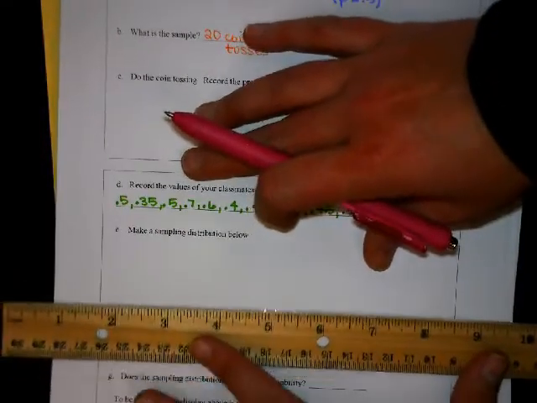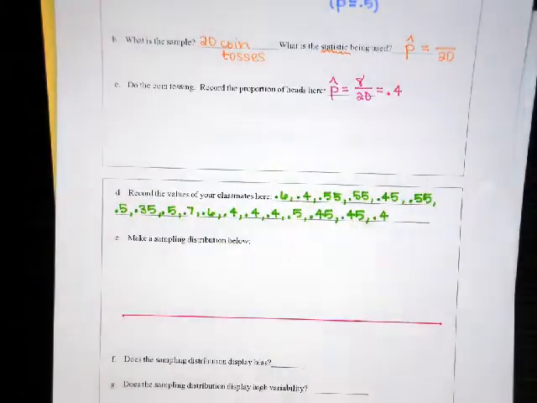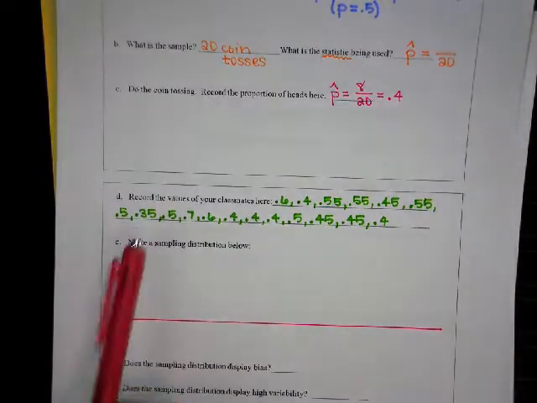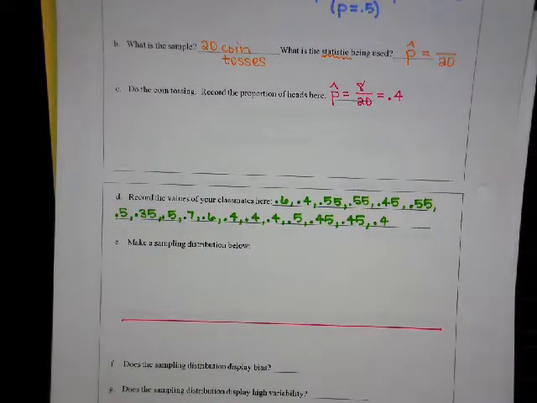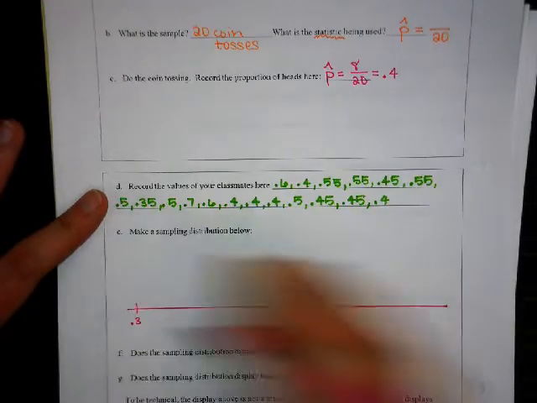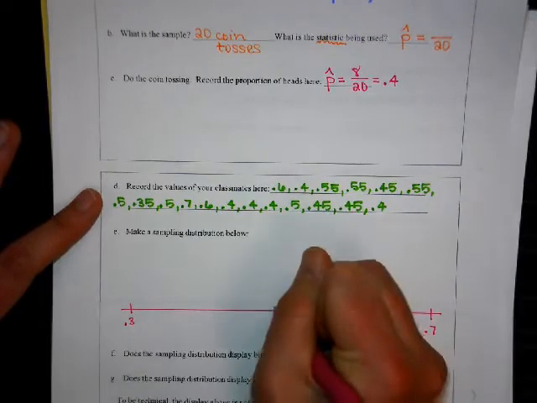So to make our dot plot, we're going to draw a number line, and then we're going to put dots above it. So our lowest was 0.35, highest was 0.7. So let's go 0.3 to 0.7, which means 0.5 is right in the middle.